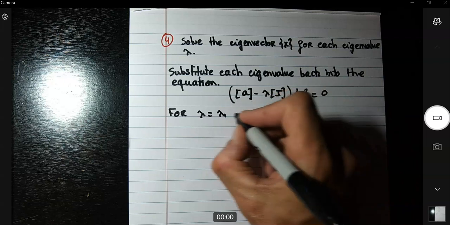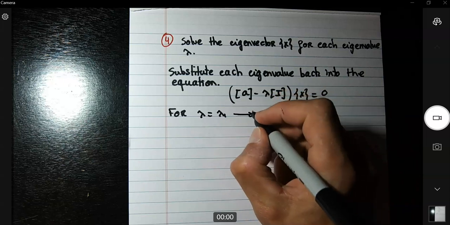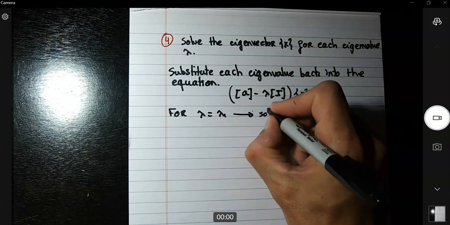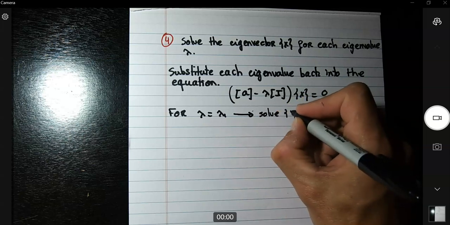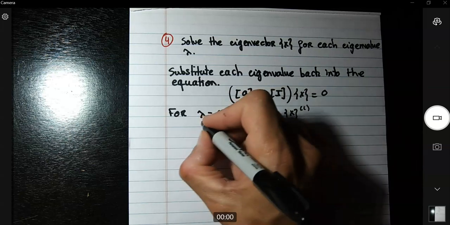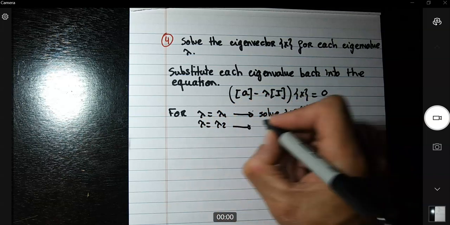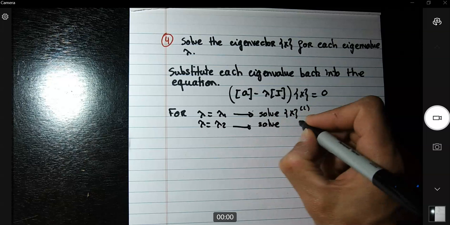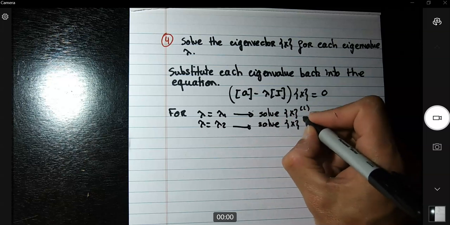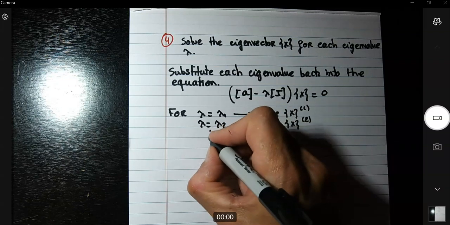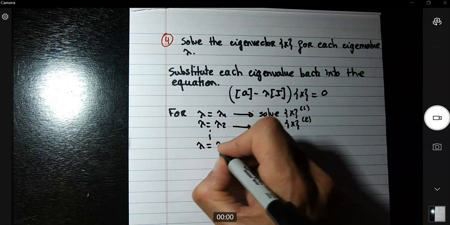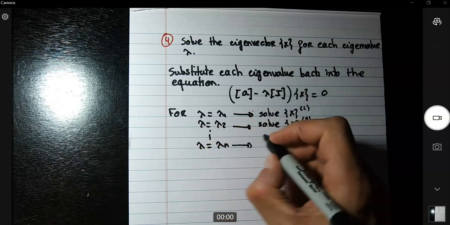Okay, so you will solve here for the first eigenvector corresponding to the first eigenvalue, lambda equal to lambda 2. You will solve for the eigenvector corresponding to the second eigenvalue, and you can do this up to the nth eigenvalue.